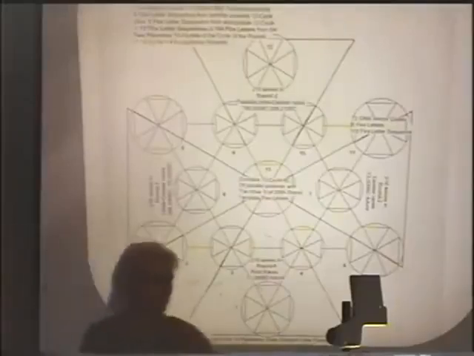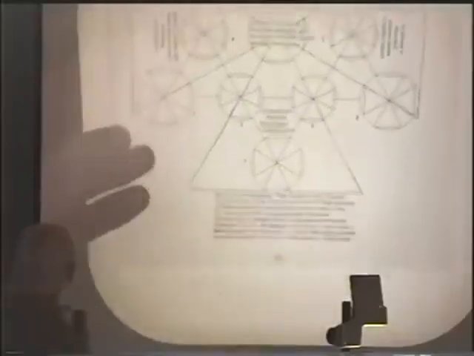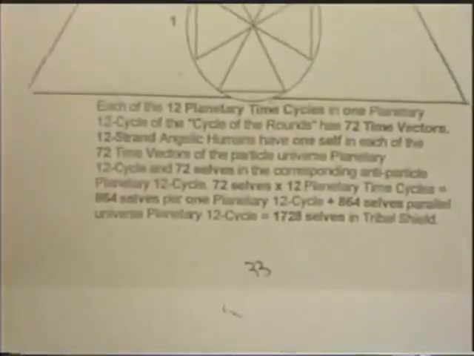And then you have 216 cells in round 4, which are root race rounds, 71,000 BC and into the future. This is on one side. Let me do the totals going this way. This totals it up. So you have each of the 12 planetary time cycles in one planetary 12 cycle of the rounds. So there are 12 of these positions, and then there's that center one.